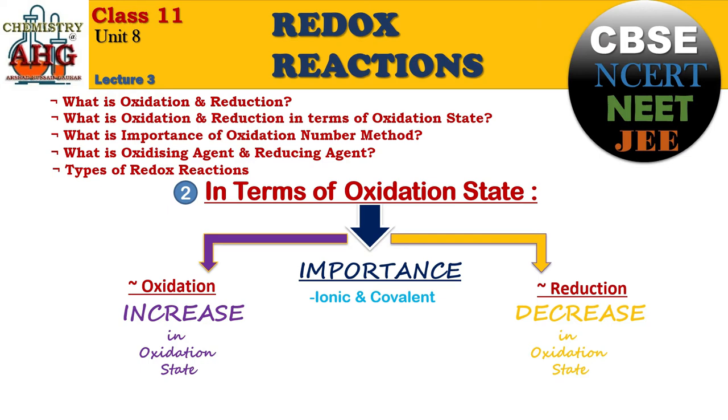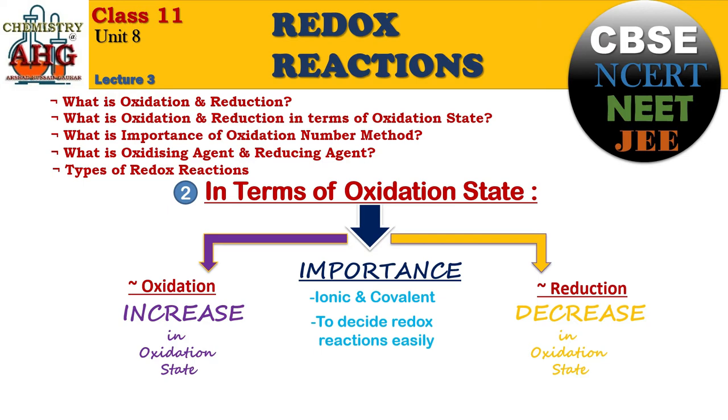Second thing, with the help of this definition, it is easy to decide whether a reaction is a redox reaction or not. How is that? On the next slide, I will explain it to you how with the help of the oxidation state, oxidation number definition, we can decide whether a reaction is redox or not.